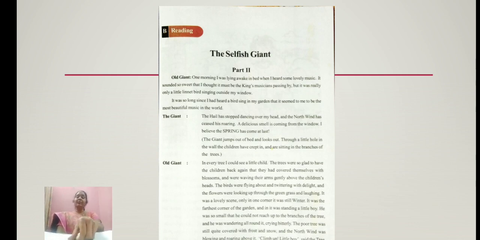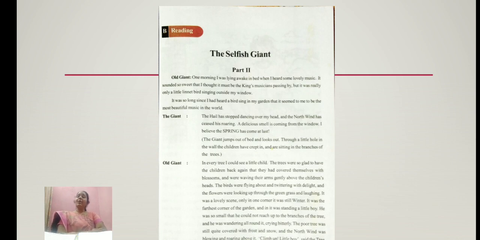So the old giant, when he woke up in the morning, heard some nice music, and he thought that some musicians were passing by, but it was really only a little linnet bird. Linnet bird means small bird, colored in gray and brown. We already learnt in the glossary. Linnet bird singing outside my window.